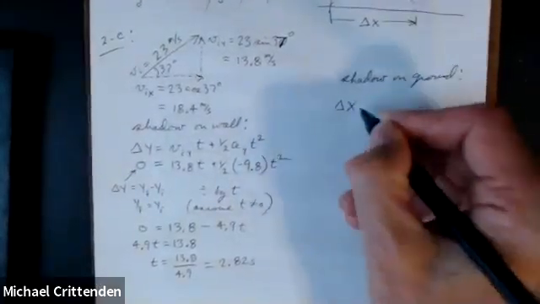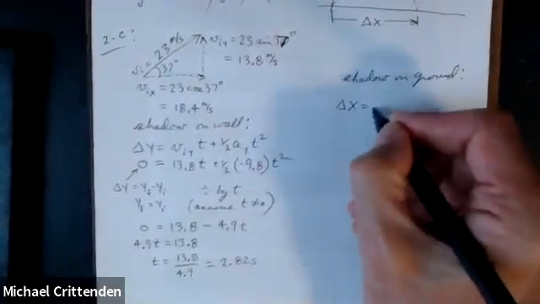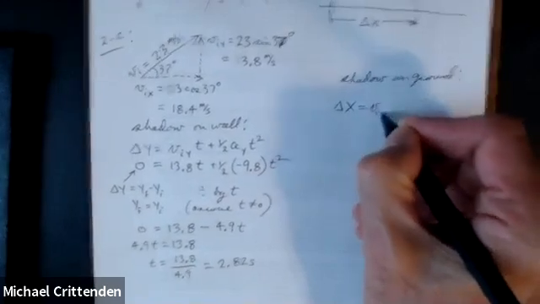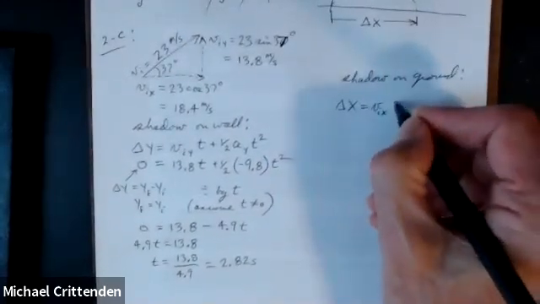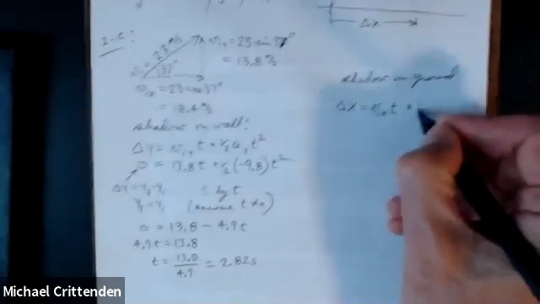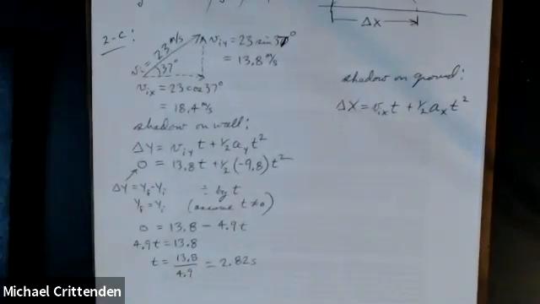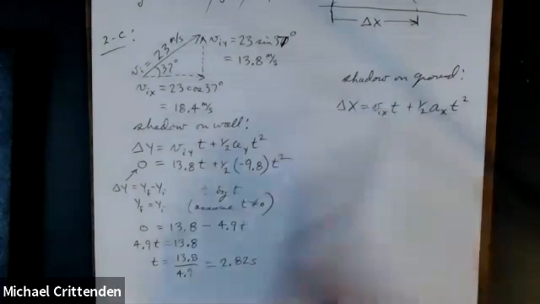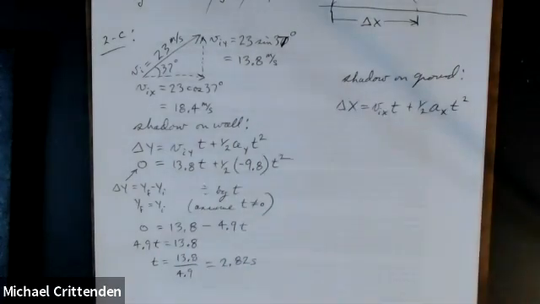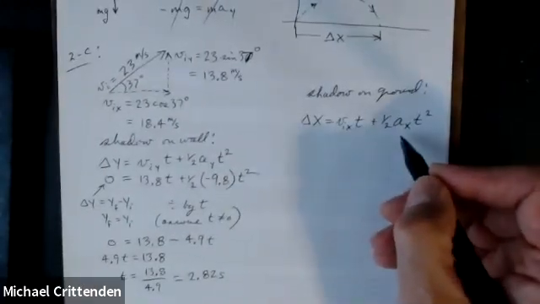Delta x equals v initial x times the time plus 1/2 a x times t squared. Same equation, just stick x's all over it now because we're talking about the x components. Delta x, the thing we're looking for. Well, let's take care of this part first of all.